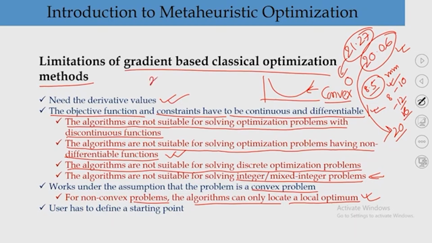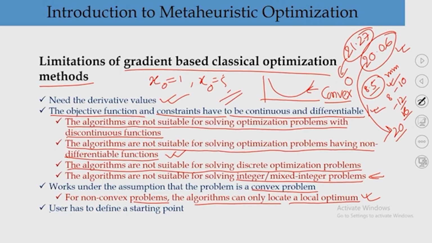Suppose you start with x naught equal to 1, and after that x naught equal to 5. For different x naught, you can try and see whether you are getting a better optimal solution of the problem. So, you can apply on a non-convex problem, but in that case you will get a local optimal solution.